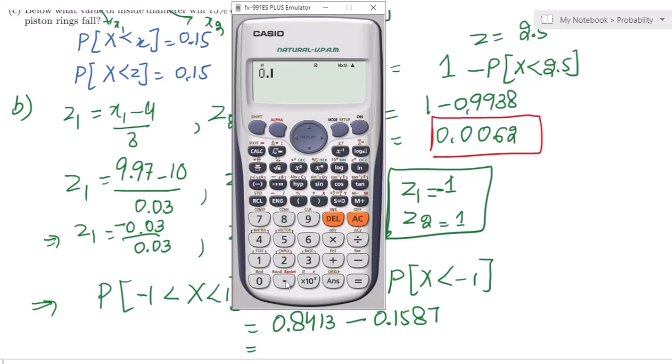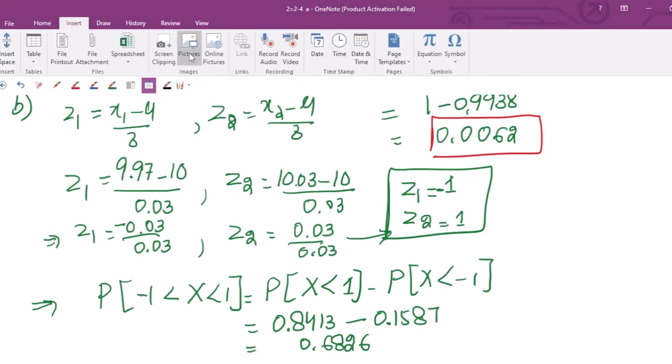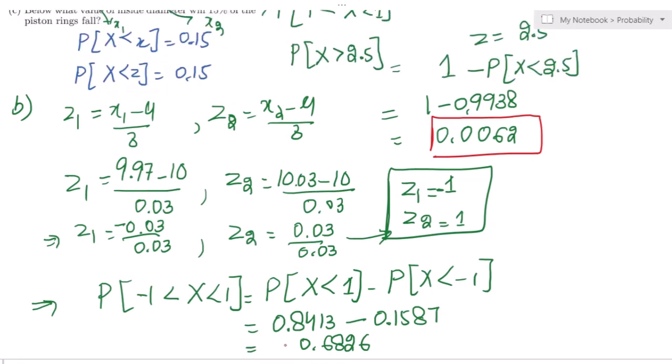First let me calculate it. 0.8413 minus 0.1587 is 0.6826. This is the answer, and that is the solution of part B of my question.